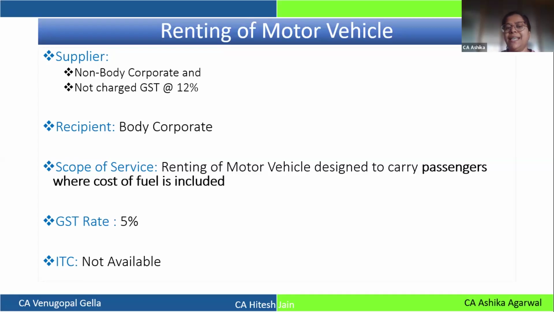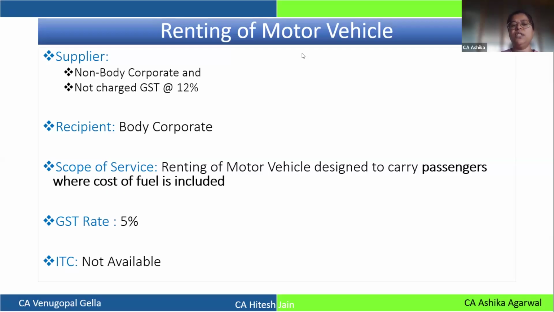Number one. Second, the point to be noted is that the word used over here is renting of motor vehicle. You have to understand the difference between renting of motor vehicle, leasing of motor vehicle, and hiring of motor vehicle. Plus, it's also important to understand the difference between passenger transport service and renting of motor vehicle.